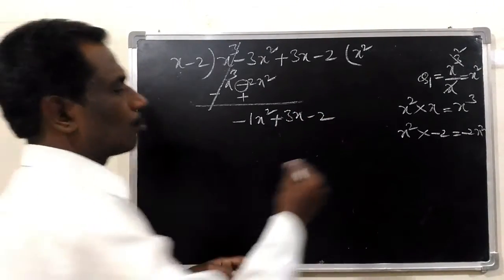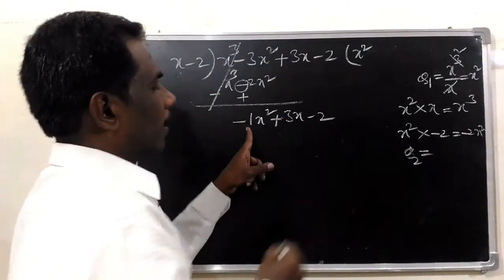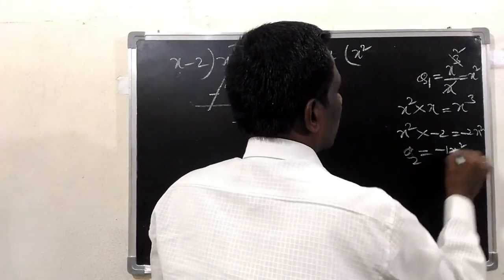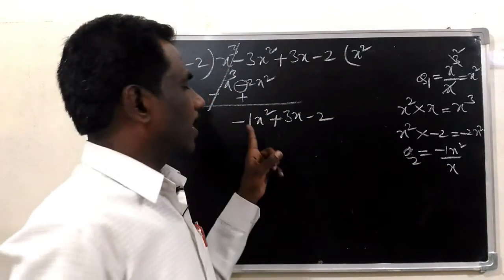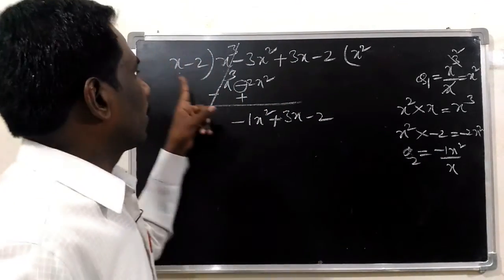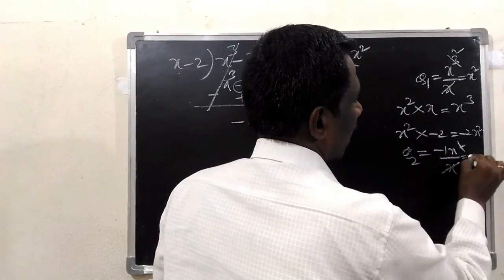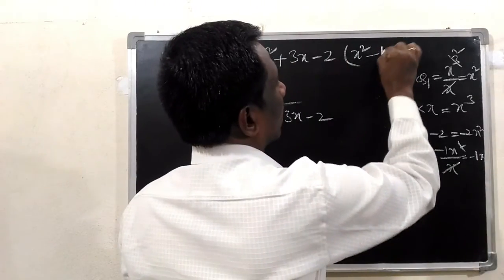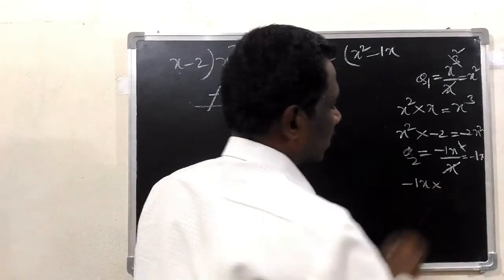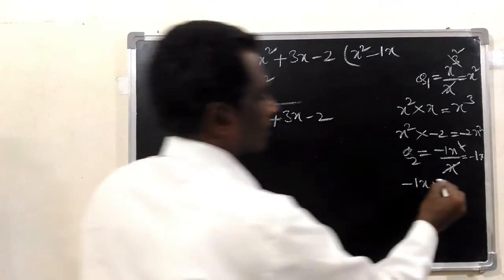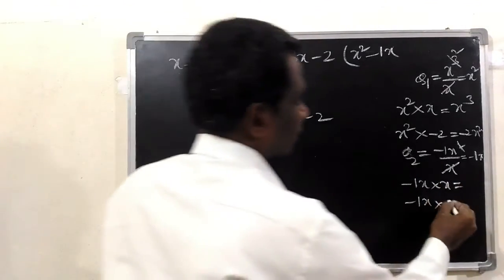Now we need the second quotient. To find the second quotient, divide minus 1x square by x. This is the first term of the dividend divided by the first term of the divisor. So cancel x, and we get minus 1x. Minus 1x is the second quotient. The second quotient is multiplied with the first term of the divisor and also the second term of the divisor, minus 2.